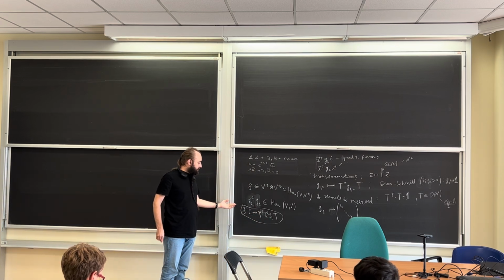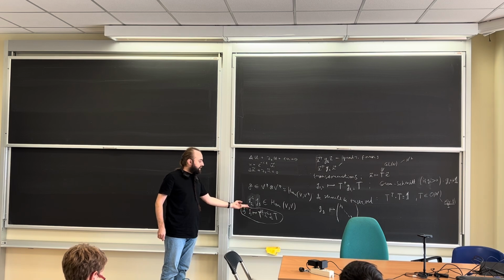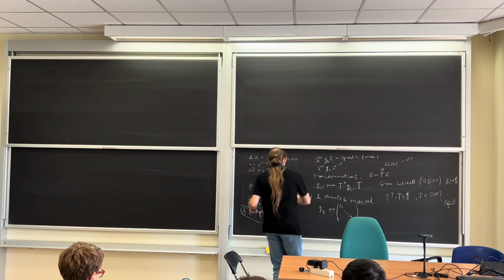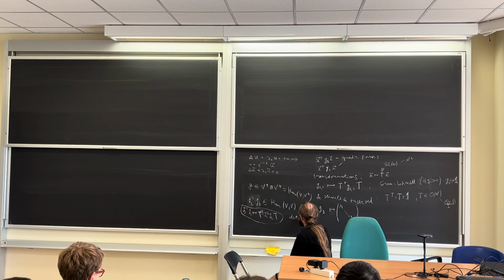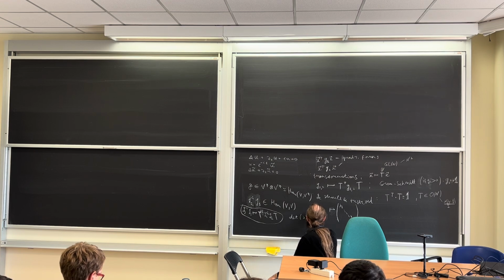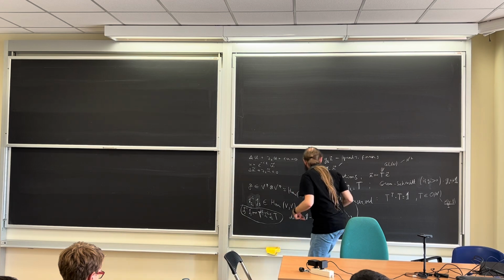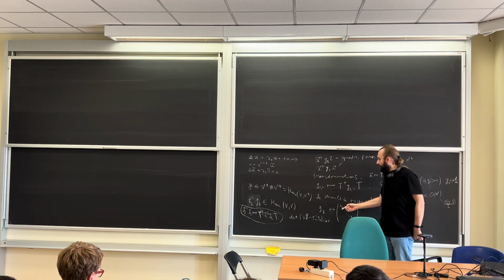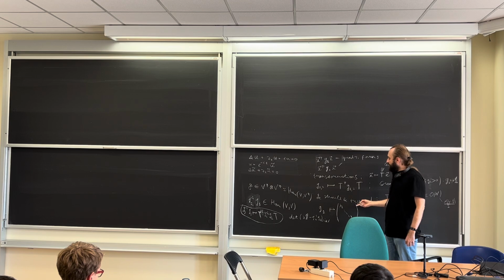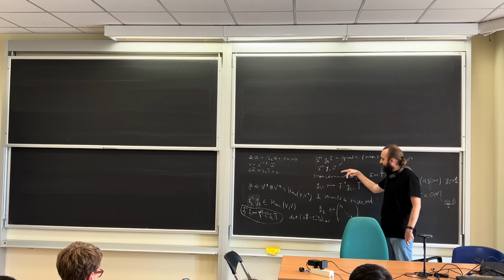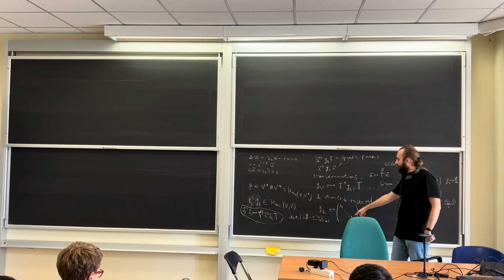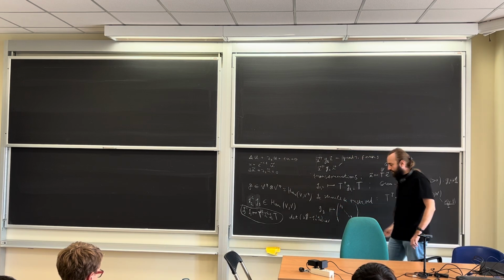Since it's an operator, it has eigenvalues. For example, we can formulate it differently: the determinant of lambda times 1 minus G2 inverse G1 is invariant. So these eigenvalues which we obtain in this procedure of finding the canonical form of two quadratic forms are actually eigenvalues of the ratio of two quadratic forms.